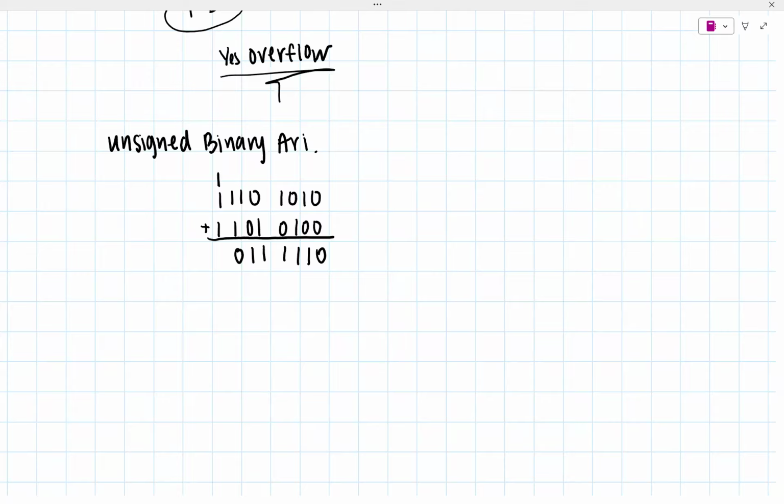But now since we have three ones, we'll make it a 1 and then we'll have to carry the 1 over. However, this bit gets lost, right? Because there's nothing to add it to. So I'll keep this how it is, but I need to mark this as yes, overflow, since we had that extra bit still left over.